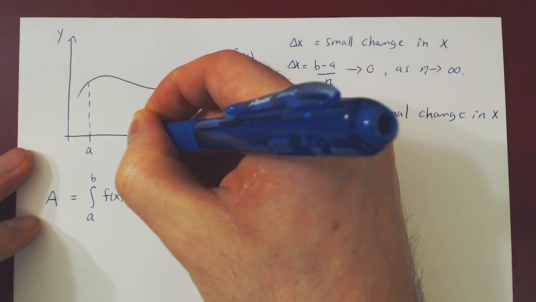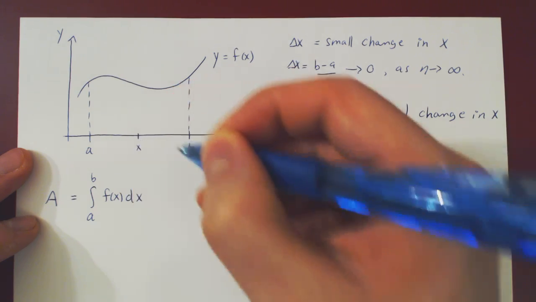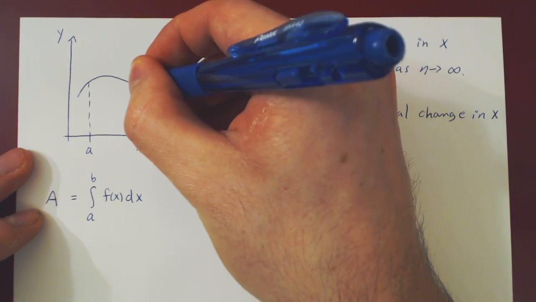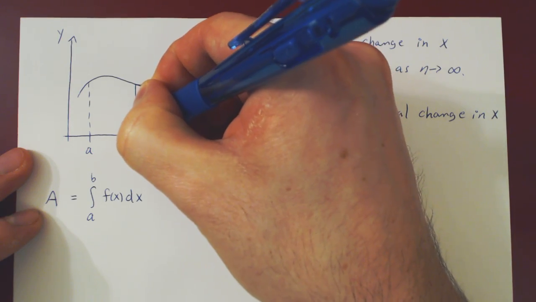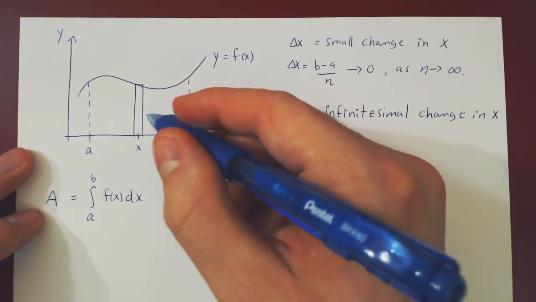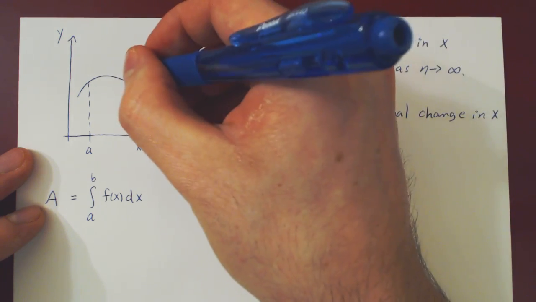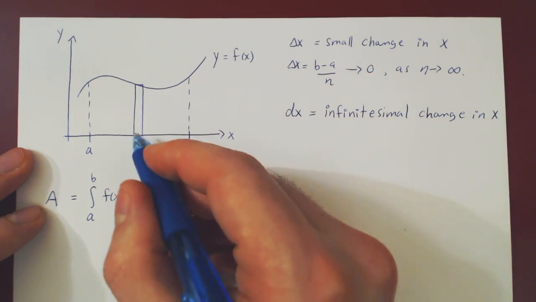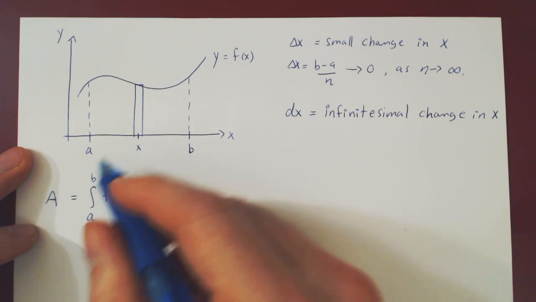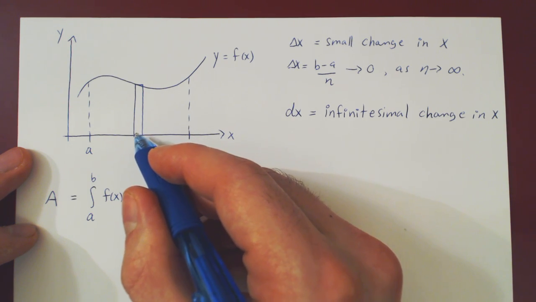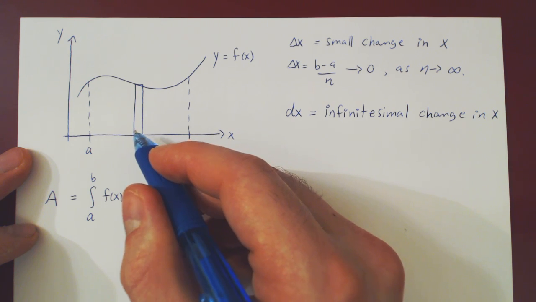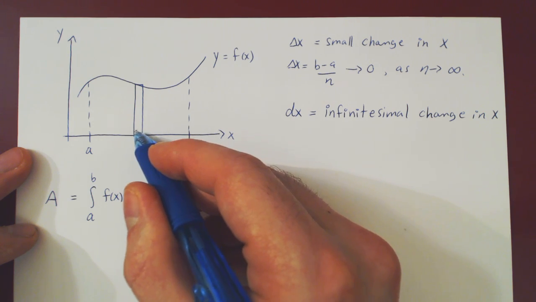Imagine the following picture. At any given point x, take a very tiny rectangle. So a very small, narrow rectangle. And you might ask, well, okay, what are the measurements for this rectangle? We have to take, to get the exact area, a rectangle whose width shrinks to 0. Well, what would be a good letter to represent an infinitesimal change in x?